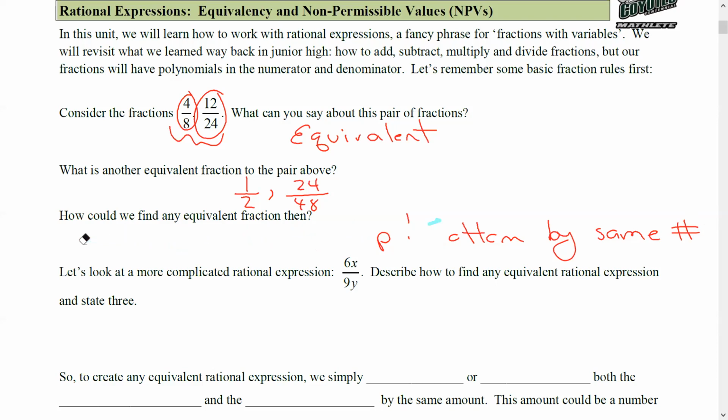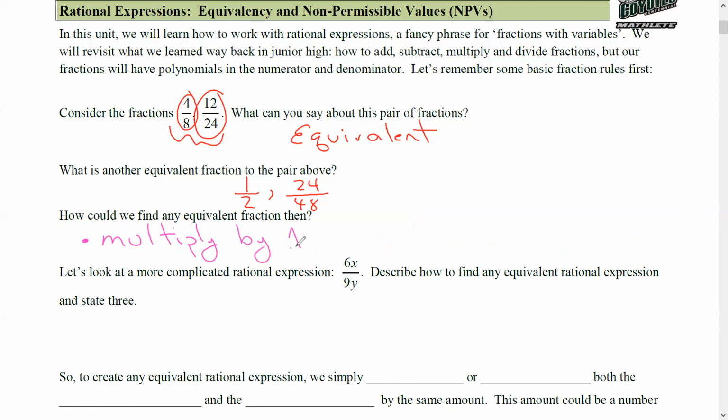What you're going to hear me say for the rest of the unit is this. We're actually going to multiply top and bottom, the whole fraction, by 1. What's he talking about? Let's go back up here to 12/24.